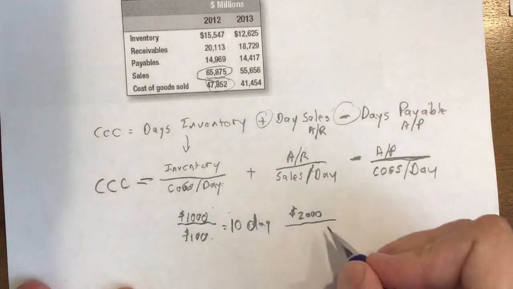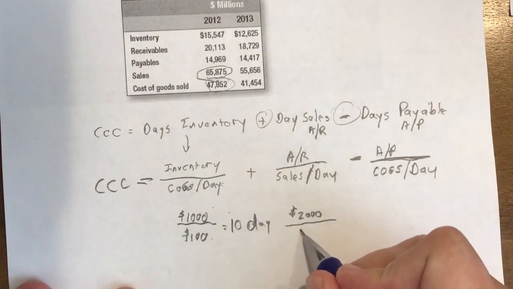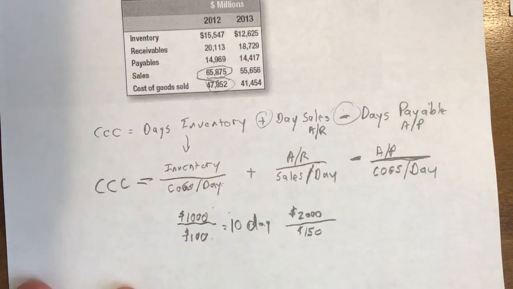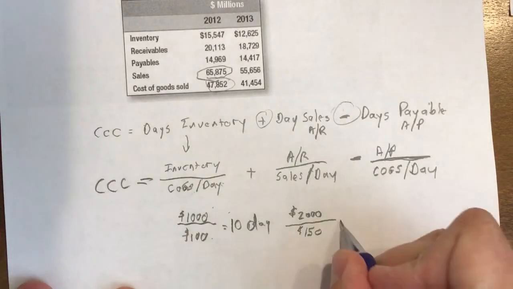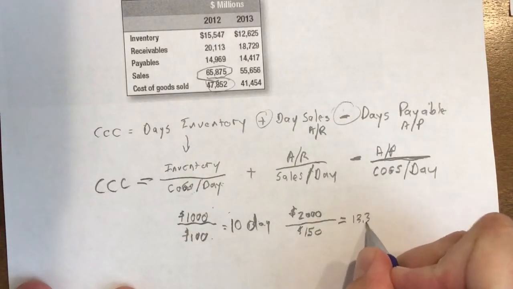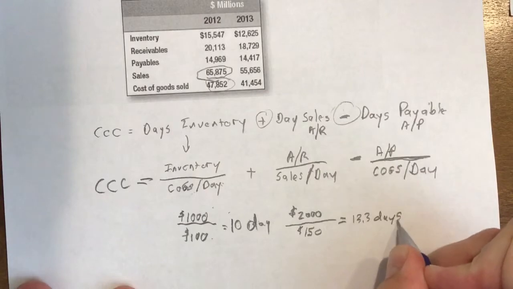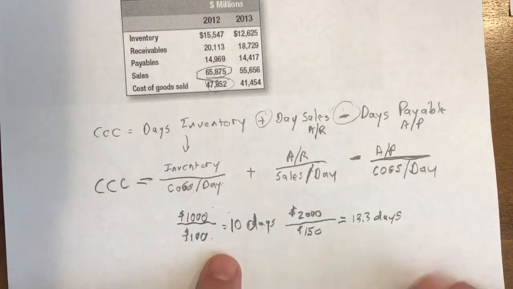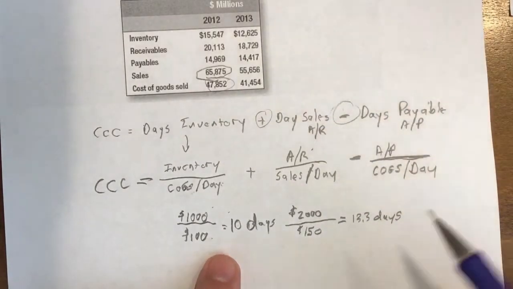Let's say your sales per day were 150, so that's 13.3 days of sales in accounts receivable, I prefer to think of it.